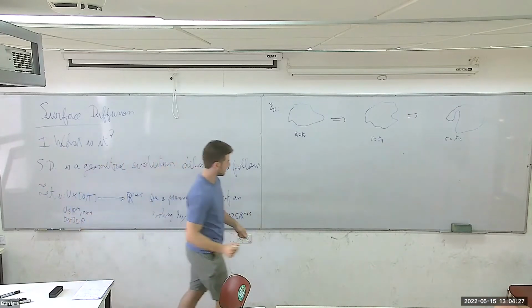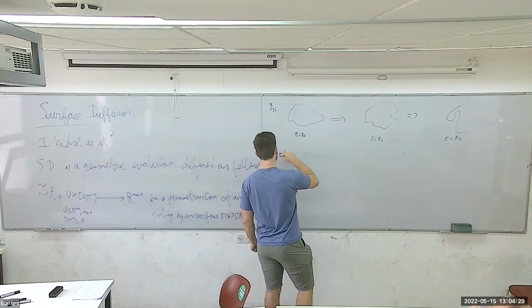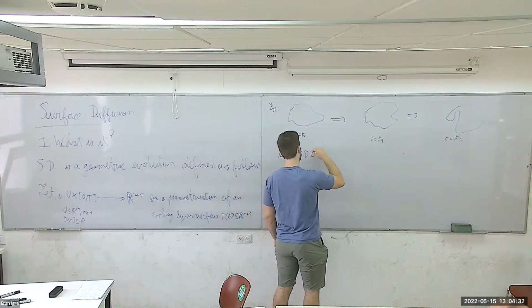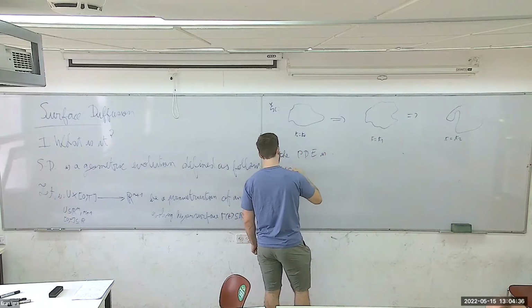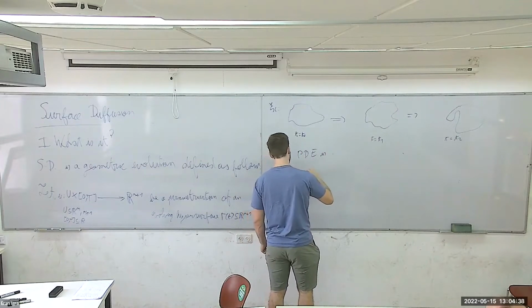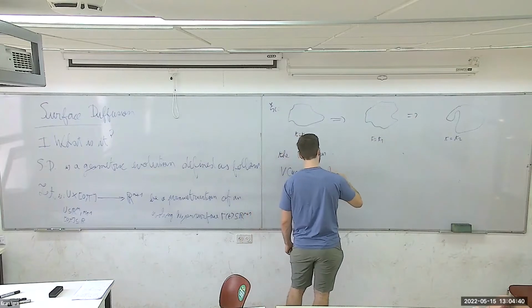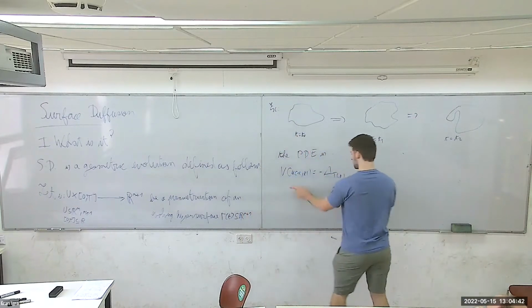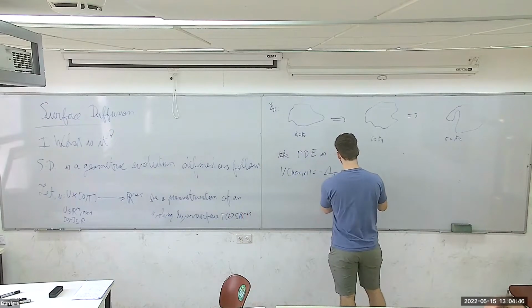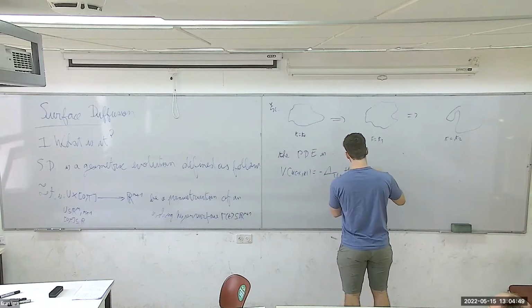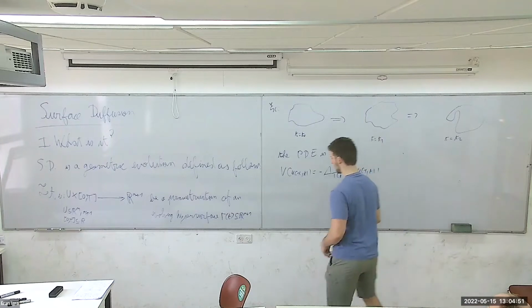So the PDE is, I will define the terms now. The normal velocity of u(x,t) is equal to minus the Laplace-Beltrami operator with respect to the surface of the mean curvature at each point u(x,t). Okay.